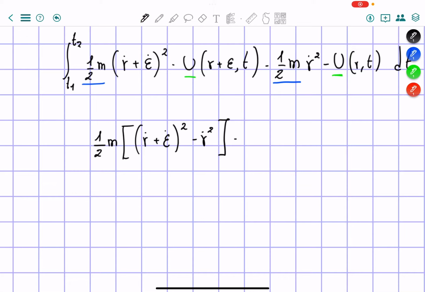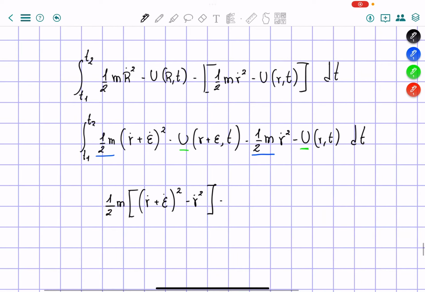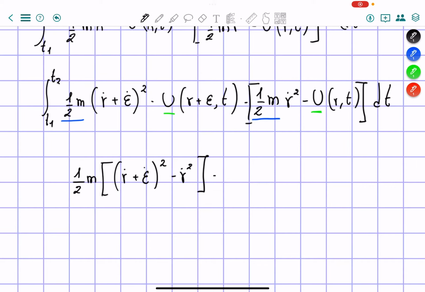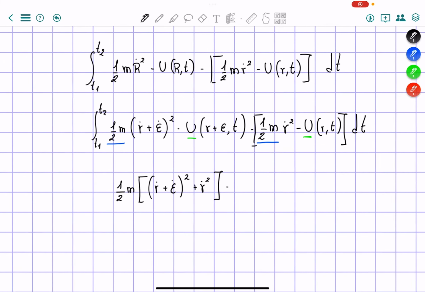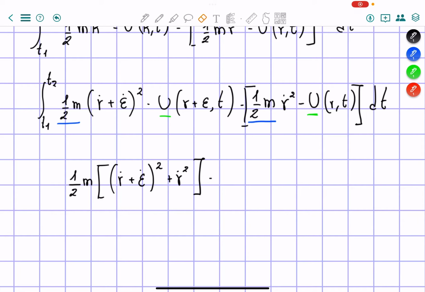It will be minus here, because we have a parenthesis like this, so it actually would be plus right here, if I'm not mistaken. No, it would be minus, yes, I was doing correctly.